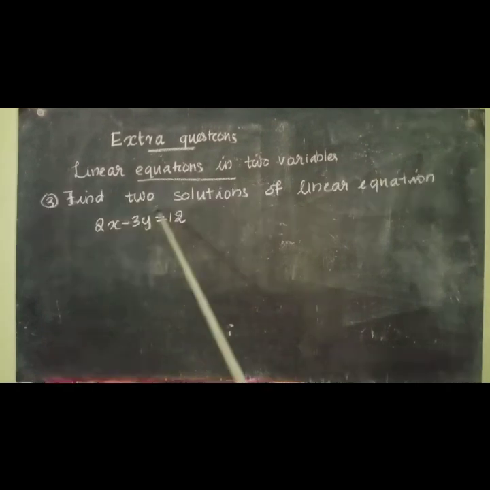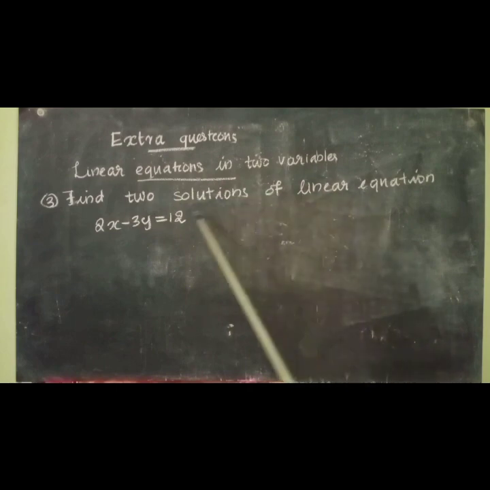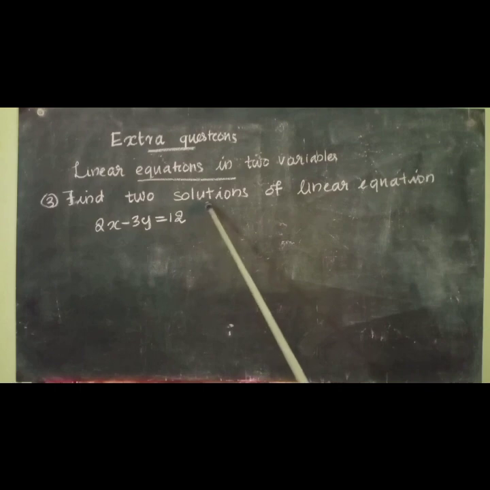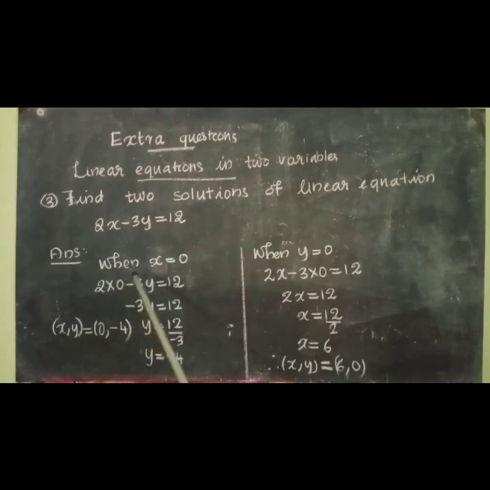Question number 3. Find two solutions of the linear equation 2x minus 3y equal to 12. We have to find out two solutions. Let us find out. When x equal to 0, we get 2 into 0 minus 3y equal to 12, minus 3y equal to 12, y equal to 12 divided by minus 3, that is y equal to minus 4.